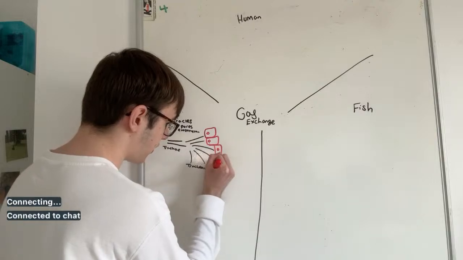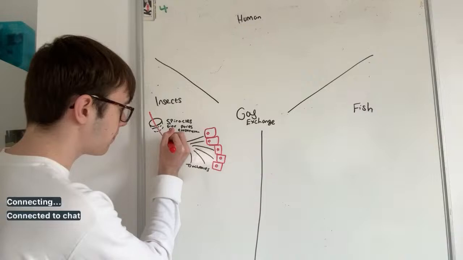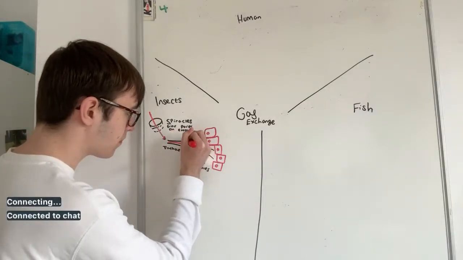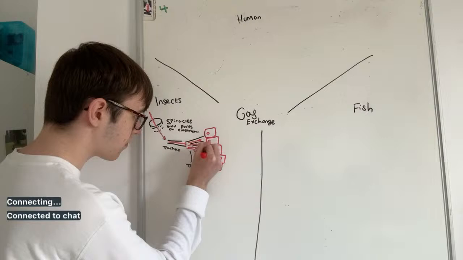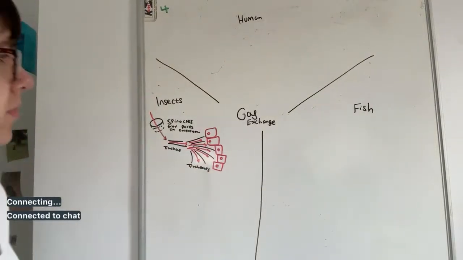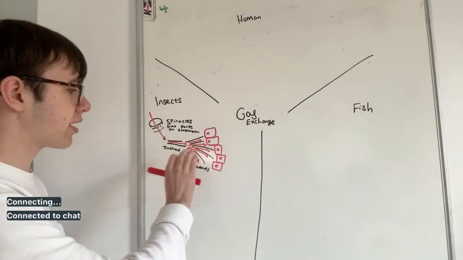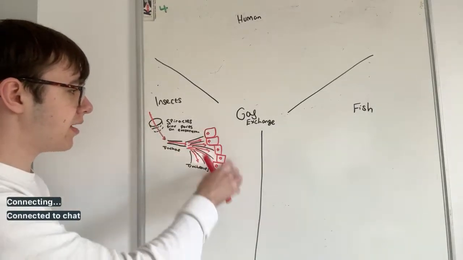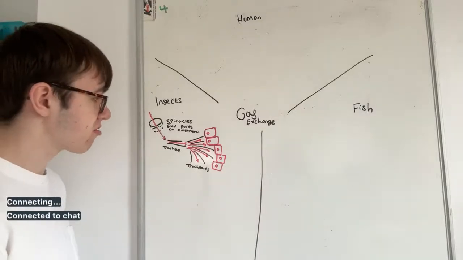I'm just going to draw it like this. Like so. So the gas diffuses in through the spiracles, it goes through the tracheae, and then it branches off into the respiring cells via the tracheoles.